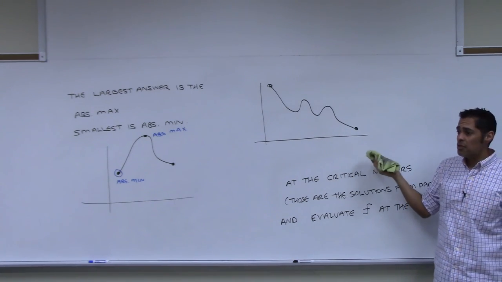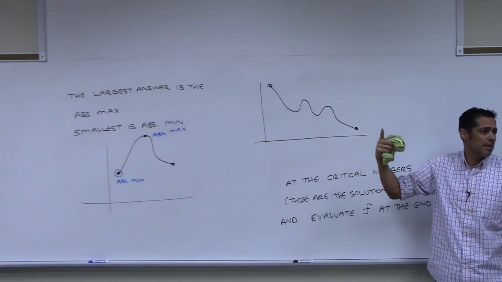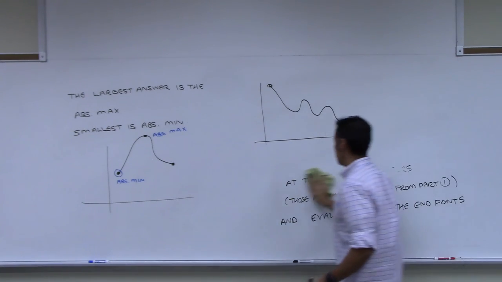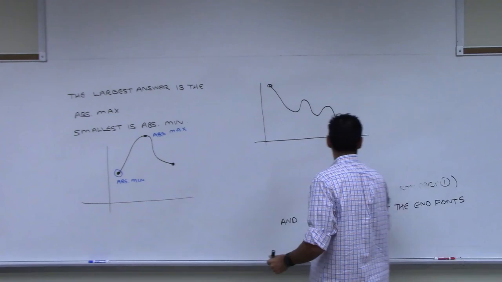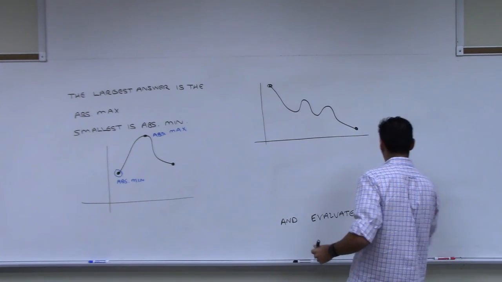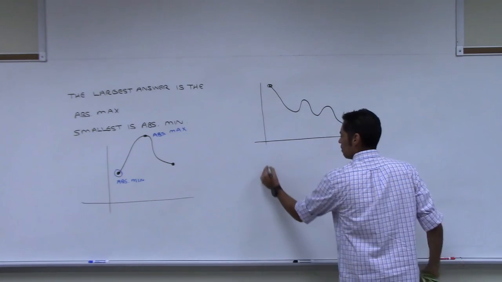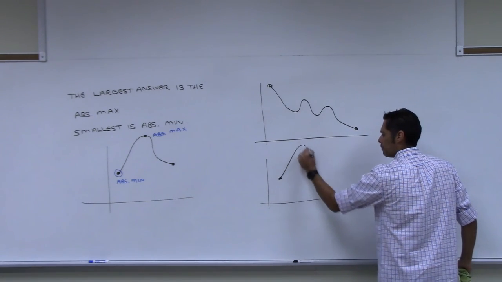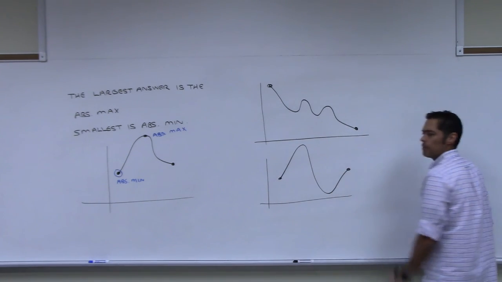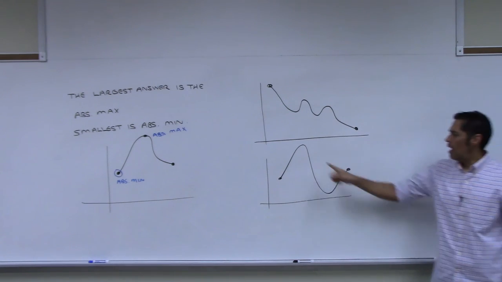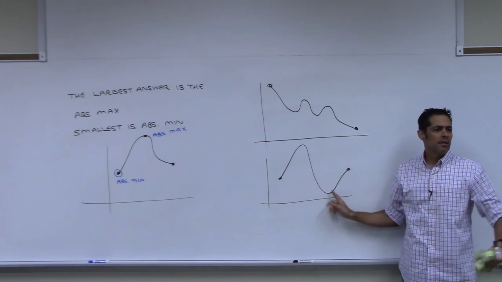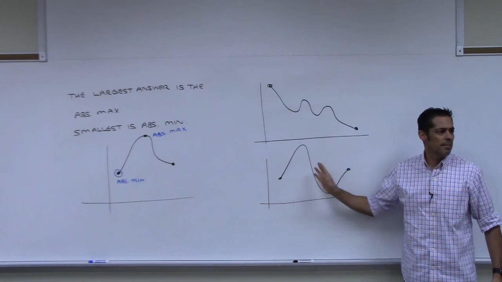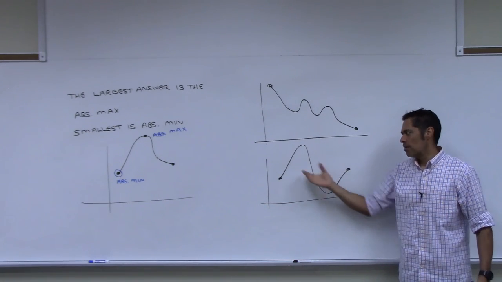So you could have a function where the two endpoints are where you have the max and min. Is it possible to have one where the endpoints don't come into play at all? How about this? Look at this. Absolute max, absolute min, the endpoints didn't factor in, did they? I mean, they were not where it happened.